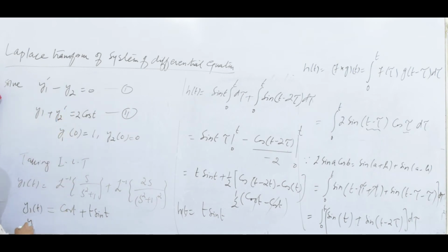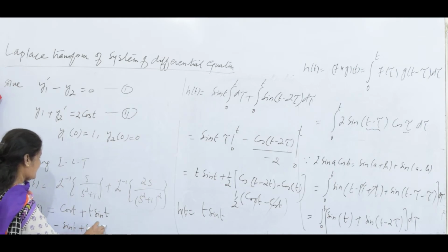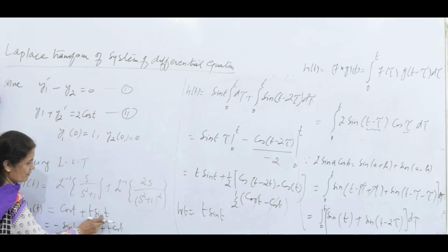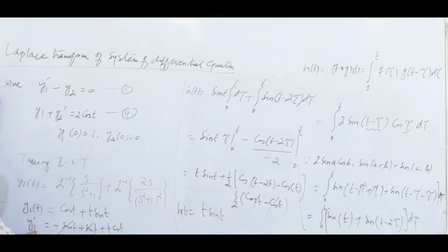Let me differentiate. y1 dash is minus sin t plus t cos t, because derivative of t is 1 times sin t, and then t is as it is, product rule I am applying, derivative of sin t is cos t. This goes, we are left with t cos t. So it means y1 dash is t cos t.